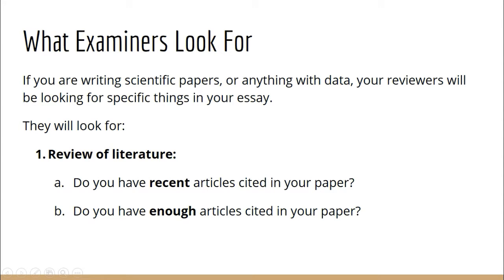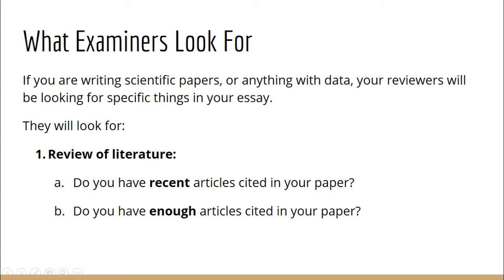When someone else is reading your writing, there are often rubrics designed to help them grade your writing and give you different scores. If you are writing scientific papers or anything with data, your reviewers will be looking for specific things in your essay. For example, they will be looking for review of literature.